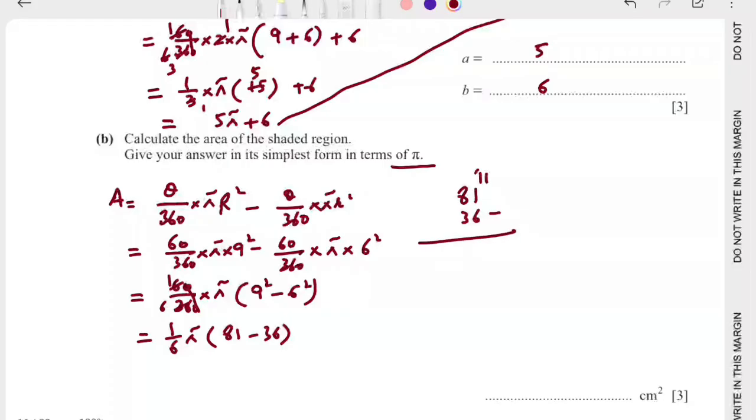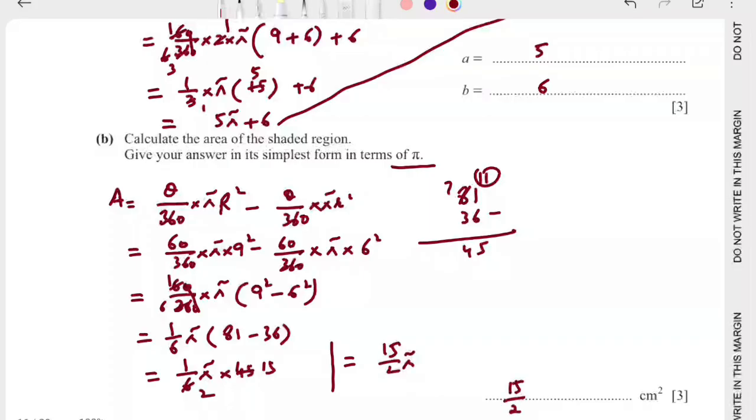We take 1 carry, it will be 45. 1 by 6 pi times 45. We will simplify it: 3 twos are, 3 fifteens are. So the final answer would be equal to 15 over 2 pi, or it can also be written as 7.5 pi.